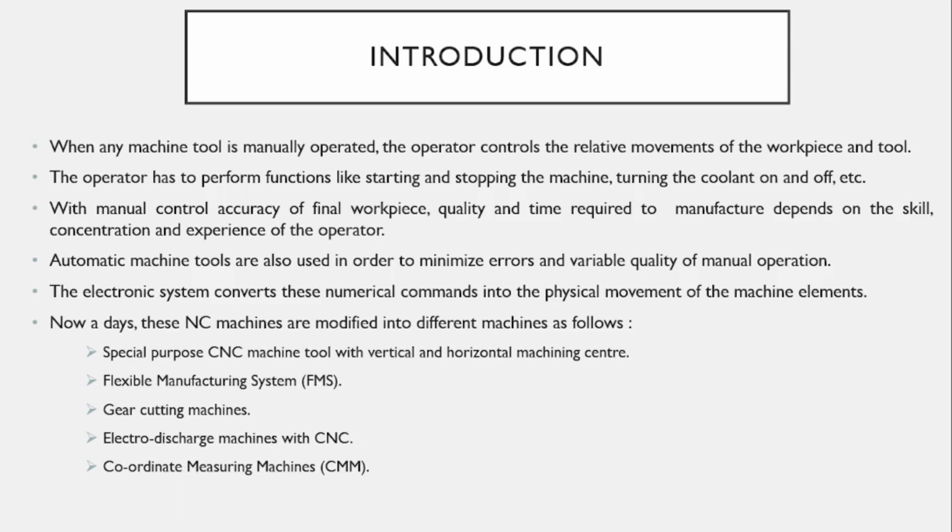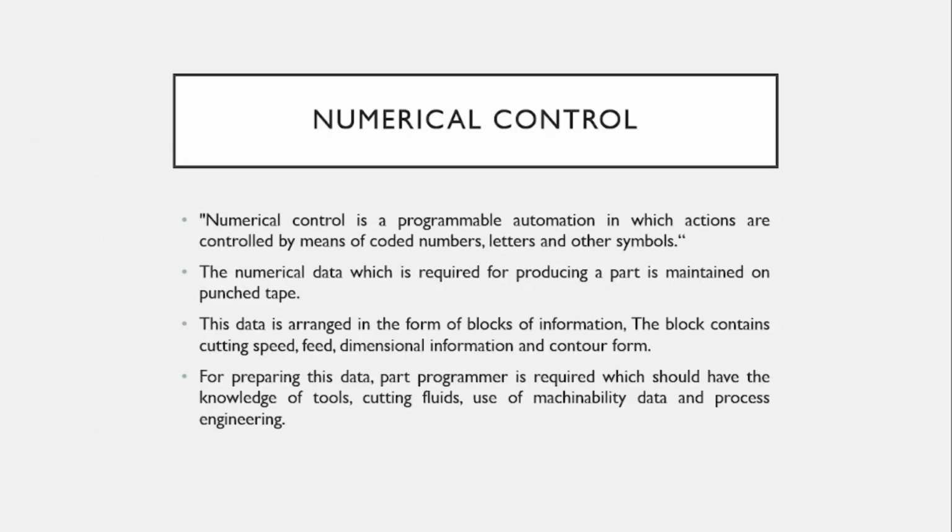Nowadays, numerical control machines are modified into different machines as follows: special purpose CNC machine tools with vertical and horizontal machining centers, flexible machine tools, gear cutting machines, electro discharge machines with CNC, and CMM, which is called a coordinate measuring machine.